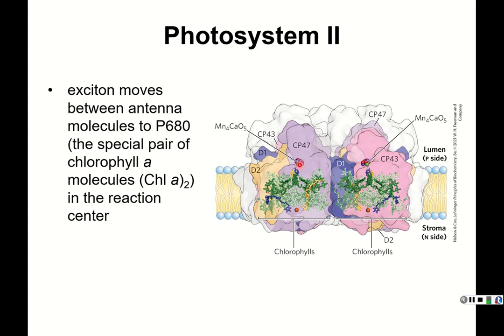What you'll notice as well is this manganese calcium oxide complex. This is going to be the O2 evolving complex, or at least part of it. And what we have is the lumen side and the stroma side. The lumen is inside the thylakoid. The stroma is going to be the outside of the thylakoid.